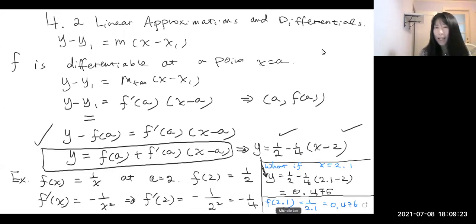So this is it. The bottom one is the actual value. We plug 2.1 into that function, right? And then the above one, actually we are using the equation of the tangent line, right? Then we substitute the 2.1, then we get 0.475, right? Which is very similar, right?